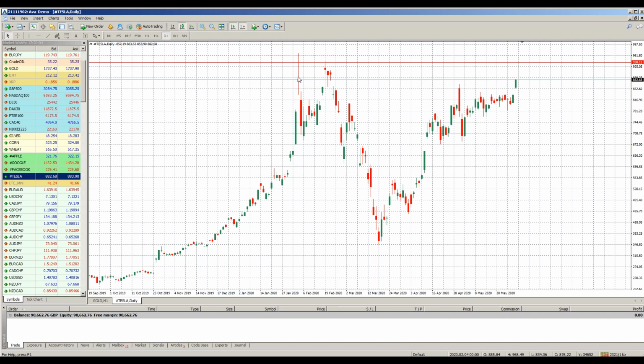Okay, twice it tested this level and came back down. And that was partially with the pandemic as well, why this crash occurred all the way down. Now look at this recovery, up, up, up, up, up, and it just broke this resistance right here.